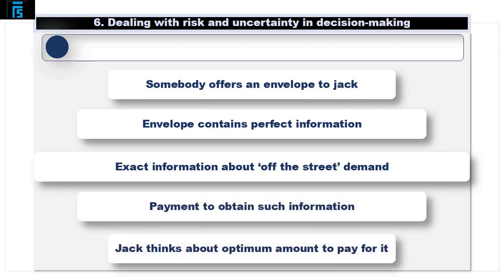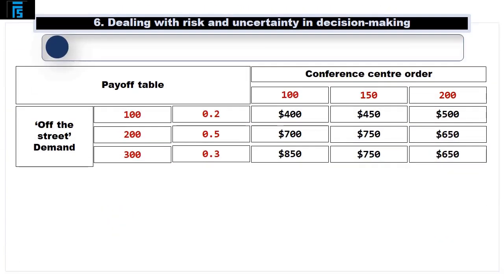Jack thinks he hasn't yet agreed to supply the conference centre, so once he knows what's in the envelope, he can supply the optimum amount to maximise his contribution. However, Jack doesn't know at this moment exactly what is in the envelope. As far as he is concerned, there is a 0.2 chance that off-the-street demand will be 100, in which case he would then agree to supply 200 sandwiches to the conference centre, earning him a contribution of $500.